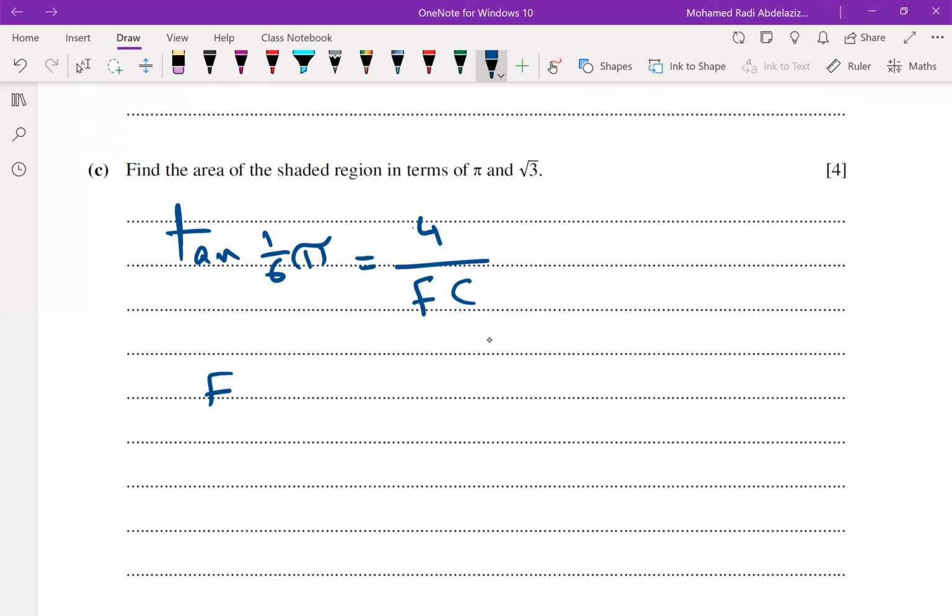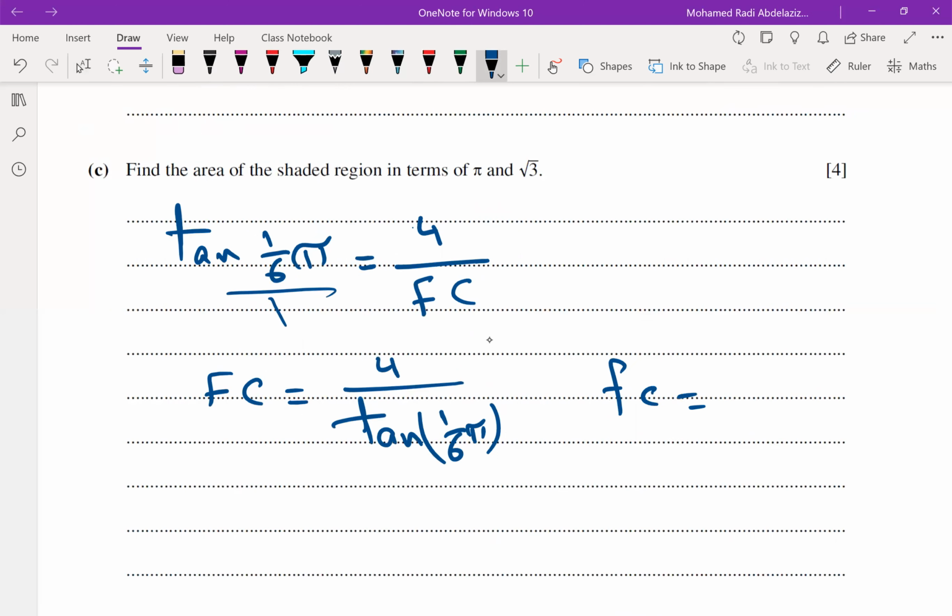Use your calculator to get the value of FC, which is 4 divided by tan 1 over 6 pi. The answer is 4 root 3.